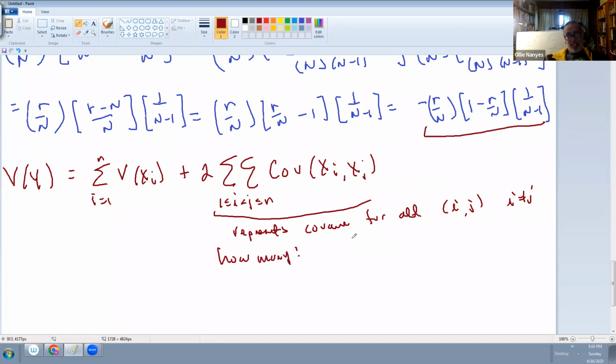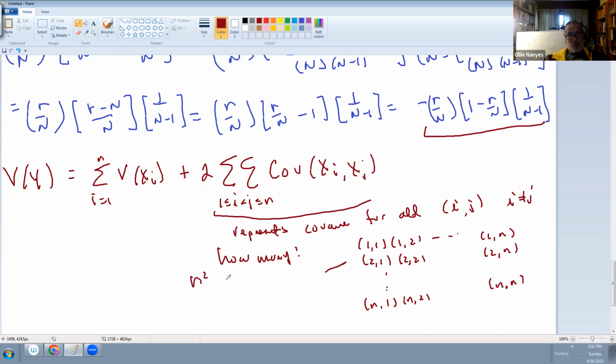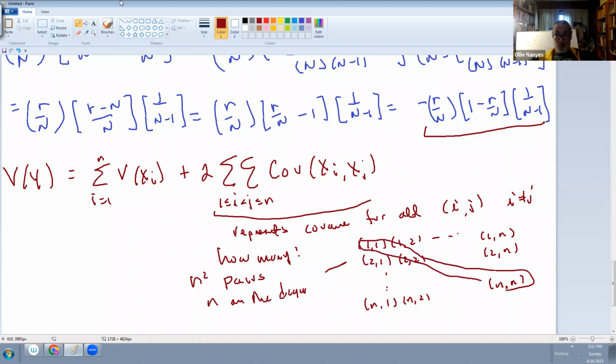Well, the way I look at it is if you look at these ordered pairs, we start 1,1, 1,2, all the way out to 1,n, 2,1, 2,2. I'm looking at all the ordered pairs. And then we go down to n,1, n,2, all the way out to n,n. Well, notice there's n squared pairs, but then we have n on the diagonal. These things here are all on the diagonal.